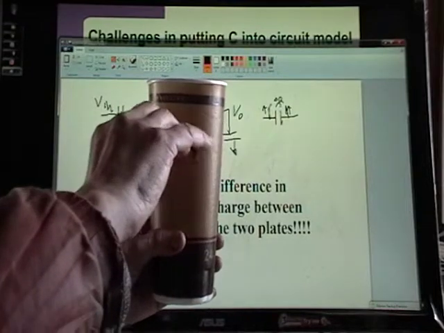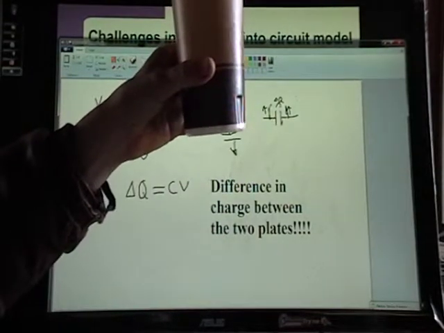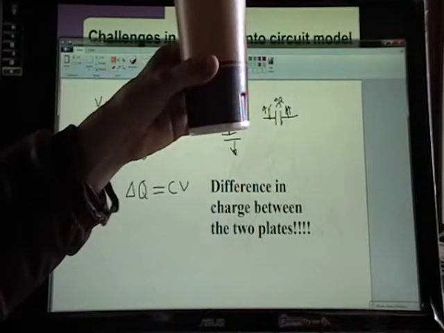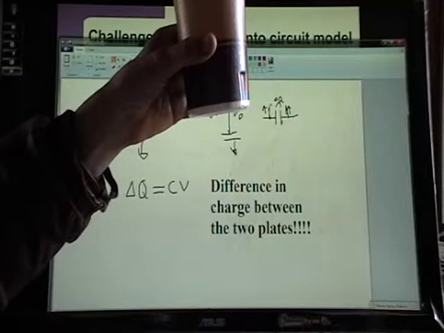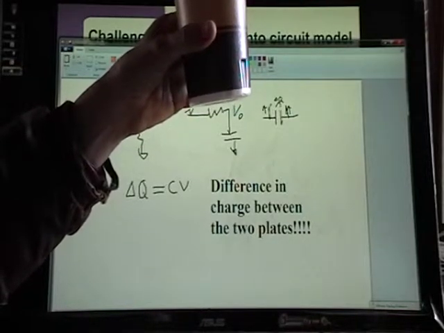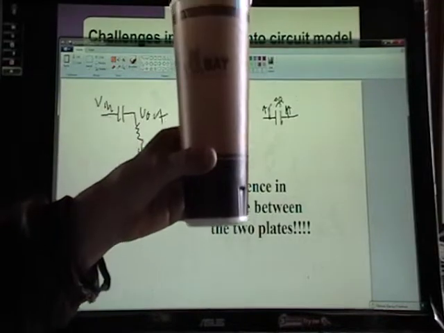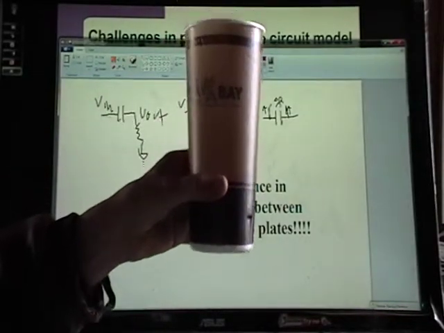Okay, so let's look at another case, and let's say I have this cup. Same amount of water now. And let's say I move the cup down as I'm pouring water into it. So I'm pouring water into it, but I pull the cup down.